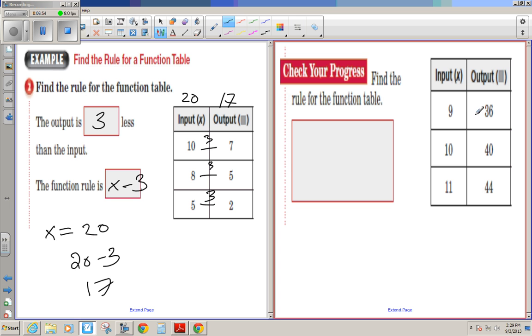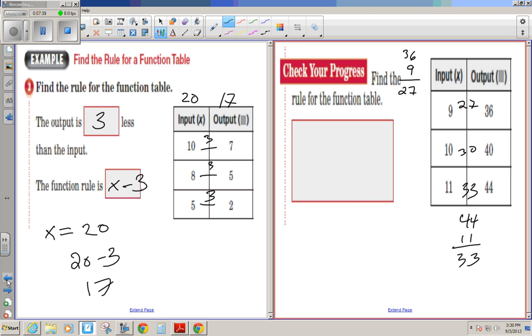All right, here's another rule. What's the difference between 9 and 36? Well, let's check this out. 9 to 36. So 27. The difference between 10 and 40. 30. Difference between 11 and 44. 33.